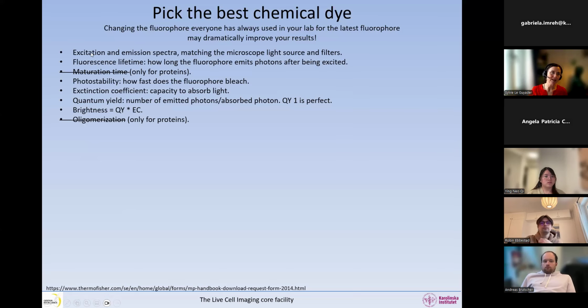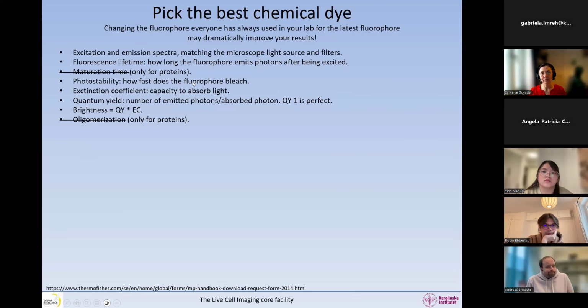So it's exactly the same thing: we have the excitation and emission spectra, we have a lifetime, but unfortunately we don't have the maturation time because this is only for proteins. We also have photostability, since some dyes bleach faster than others, and we also have the brightness, which is these two together. So different dyes will be brighter or dimmer.